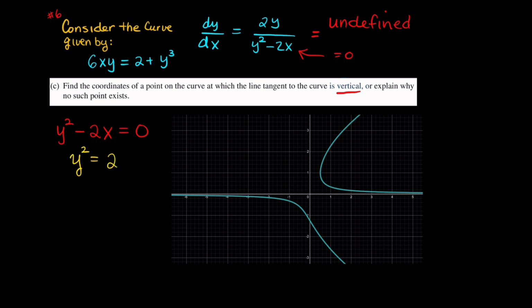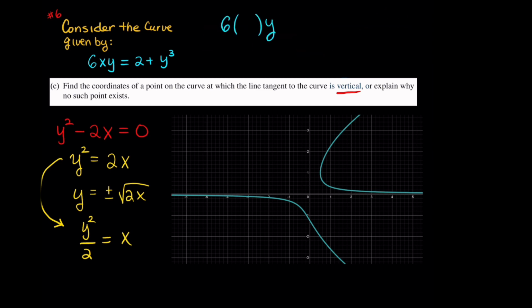Now we could solve this equation for y and get something a little messy to work with, or we could solve this equation for x and use that to substitute back into the equation. So we get y²/2 is equal to x. We'll substitute that back into the original equation to see what it gives us.